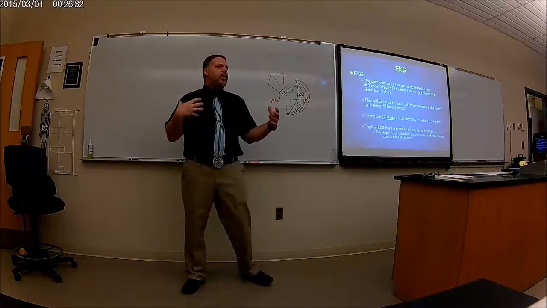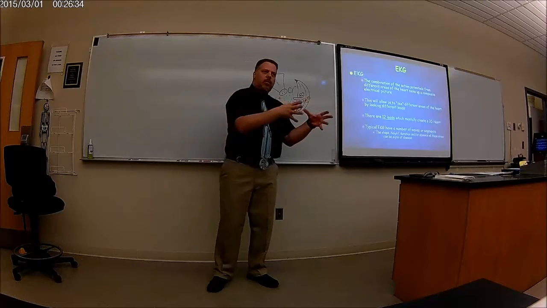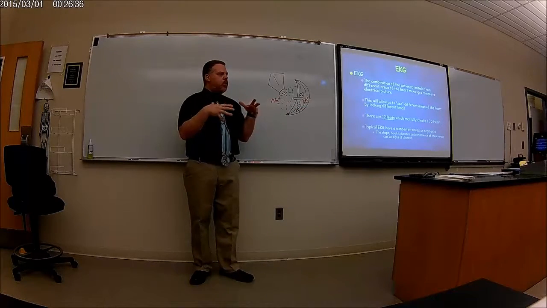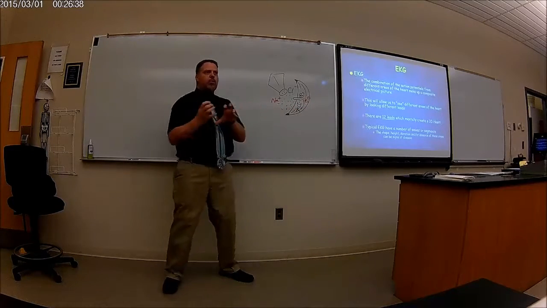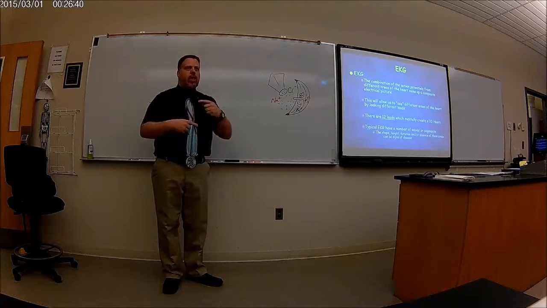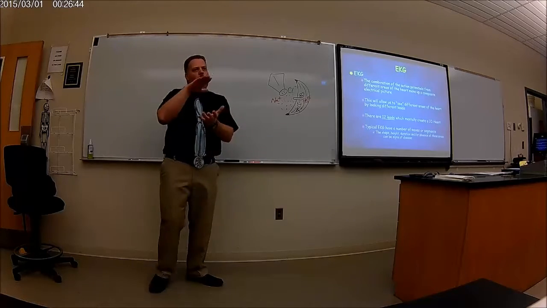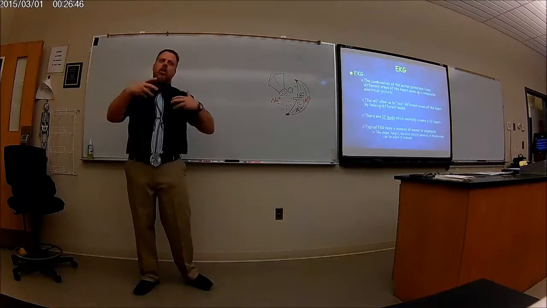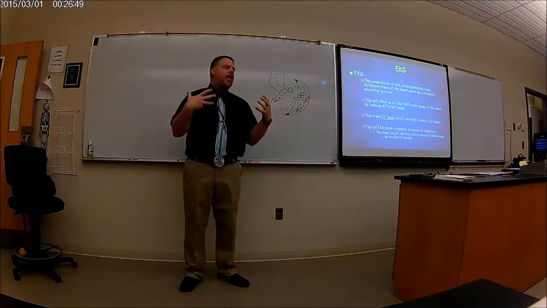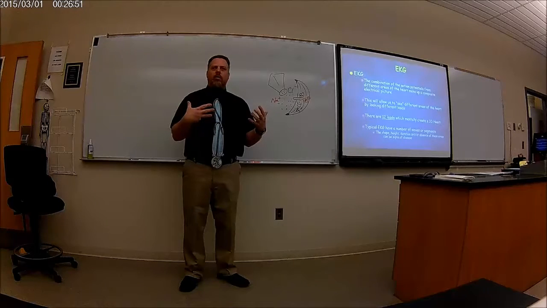So these leads are going to pick up all the different action potentials of the heart, put it into a machine. The machine is going to take all that information and spit out one EKG that's a conglomeration of all the action potentials that are on the heart.